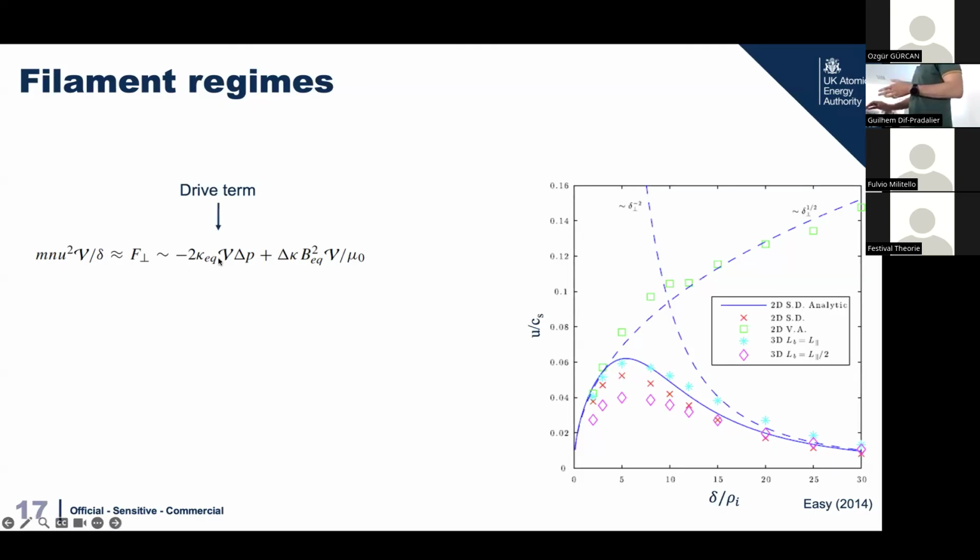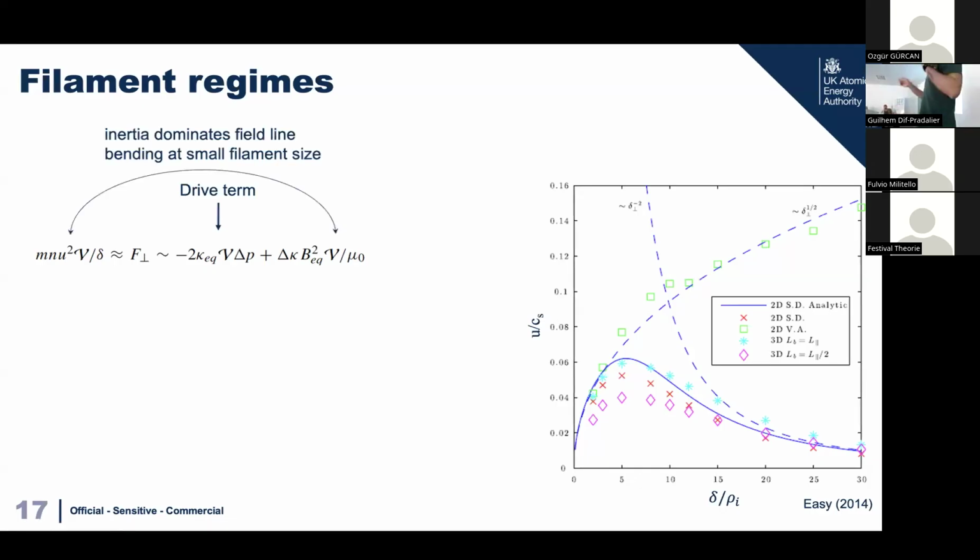And there is always a curvature in our fusion machines. So this term is always active and always driving the motion of the filament. The other two terms are important depending on the size of the filament. When the filaments are tiny, the inertial term is important. When the filaments are large, the field line bending term is a dominant one.